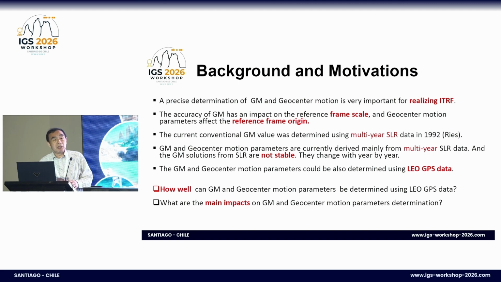So of course, we can also use LEO to determine both GM and geocenter. The questions are: how well can we determine GM and geocenter using just LEO GPS data? Second, what is the main impact on the GM and geocenter parameters?